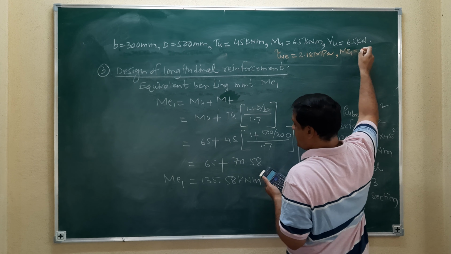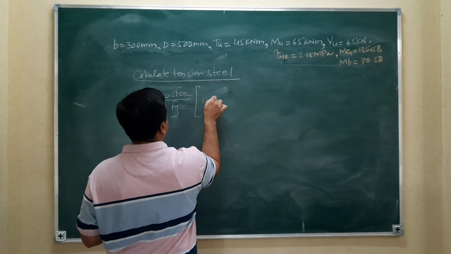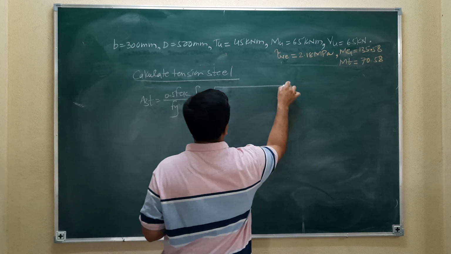Finally, the section is an under-reinforced section. You have to calculate the tension steel using the under root formula: AST is equal to 0.5 FCK divided by FY into bracket 1 minus under root of 1 minus 4.6 ME1 divided by FCK BD square, into BD.